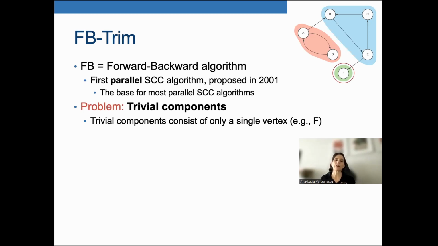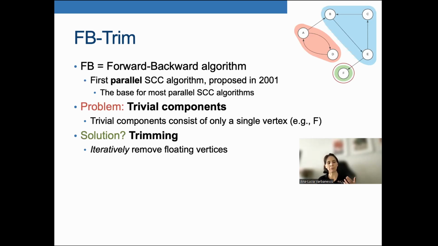So this is a performance problem for such an algorithm. So effectively, the solution for this is to do this trimming step, in which you remove these floating vertices before you do the algorithm. Or let's say at particular moments in time, you check the graph whether there are such floating components, and you eventually remove them. So this is a separate step of the algorithm and is seen as an optimization.